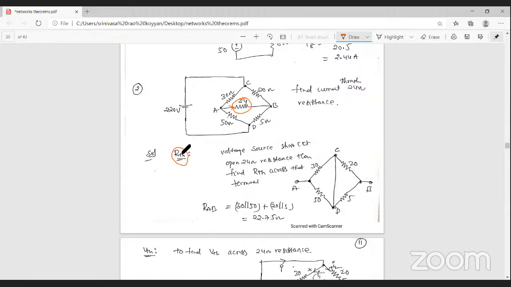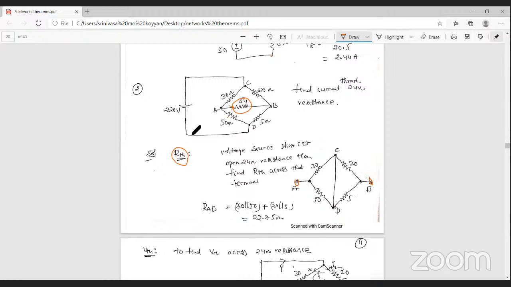and also find out the Thevenin's voltage across these two terminals. The first one, Thevenin's resistance across these two terminals: you open the 24 ohm resistance, then find out the Thevenin's resistance across these two terminals. So here the 24 ohm resistance is open, that's why these are A B terminals.